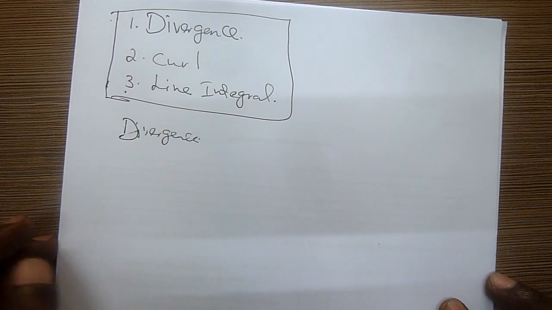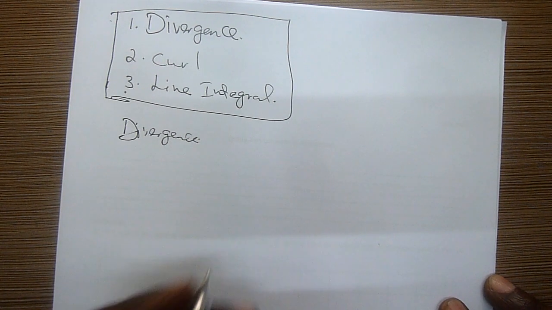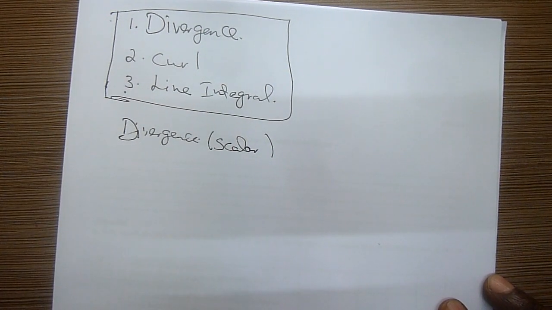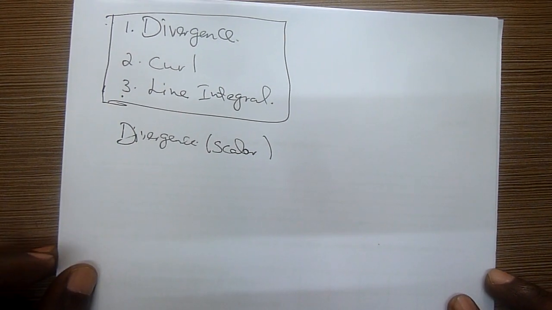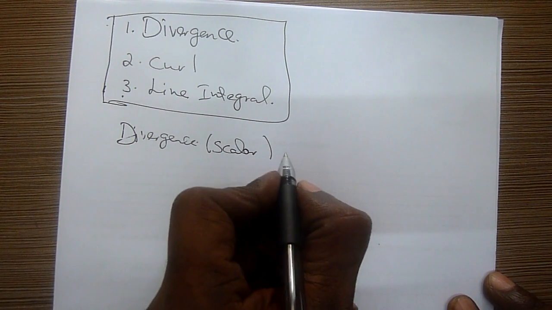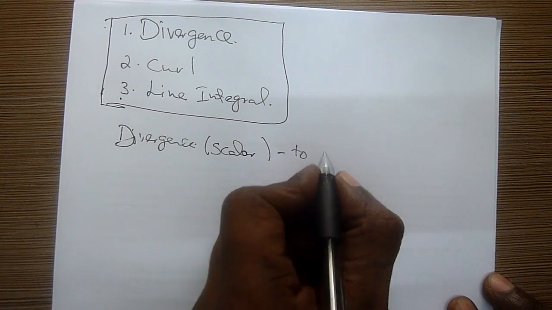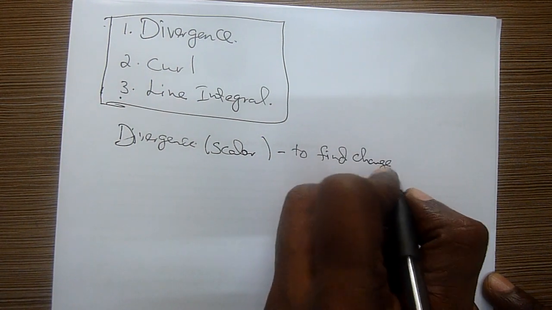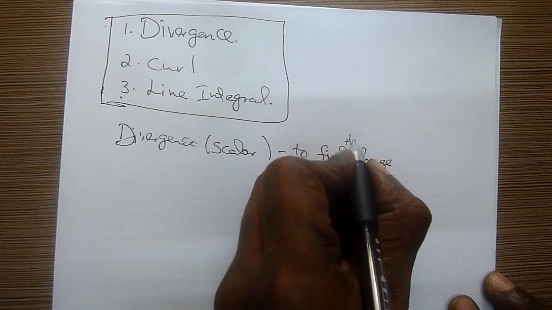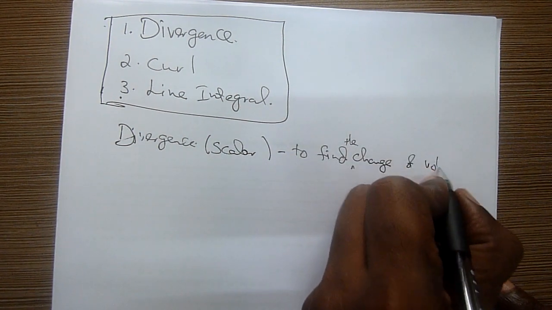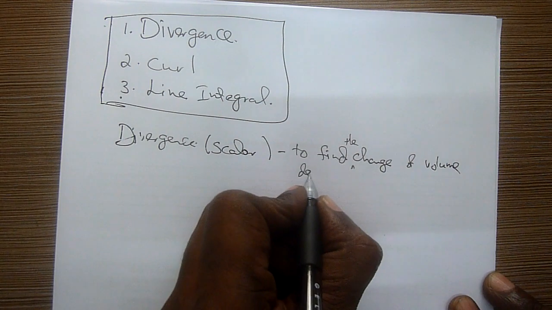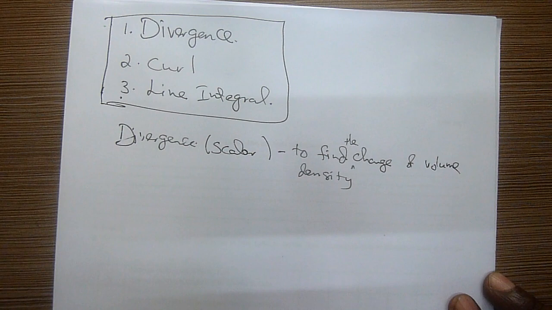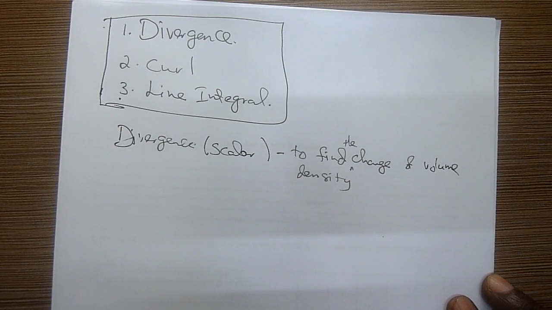Divergence basically is a scalar, a magnitude-based method, used to find the change of volume density. Divergence will be used to find the change of volume density.